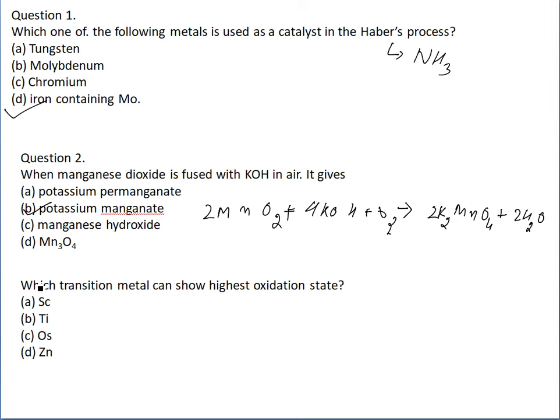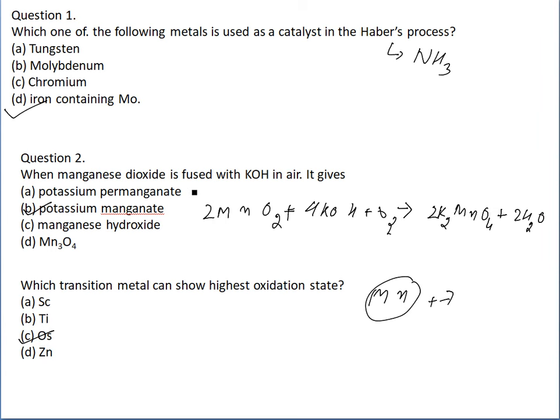Which transition metal can show highest oxidation state? Highest oxidation state is shown by manganese for +7 for sure, but in this option, scandium, titanium, osmium and zinc, osmium is the correct answer. It will show the highest oxidation state.